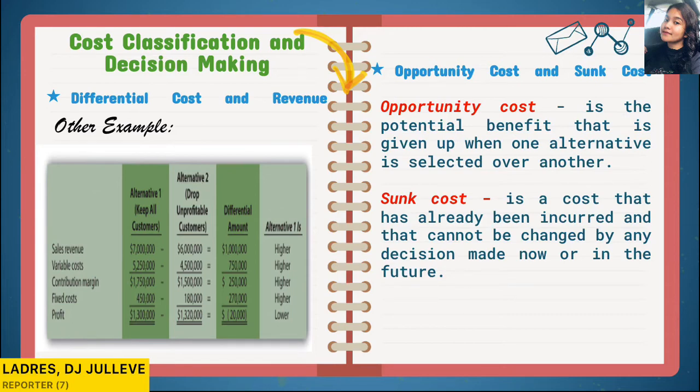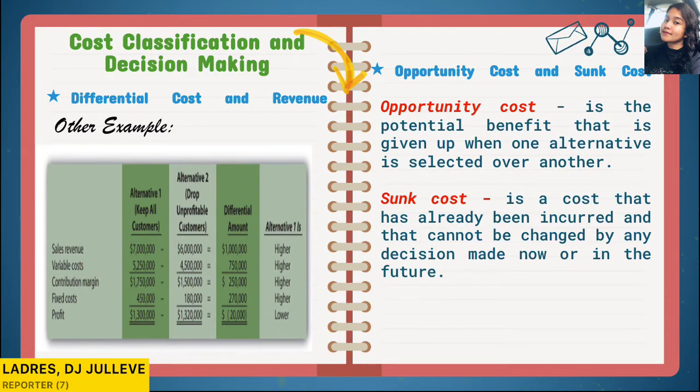Notice that the differential amount for profit is negative $20,000. This indicates that Alternative 1 results in profits that are $20,000 lower than Alternative 2. Thus, Alternative 2 is the desirable course of action.